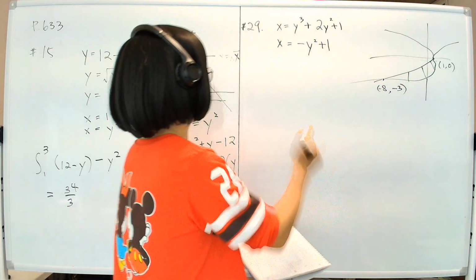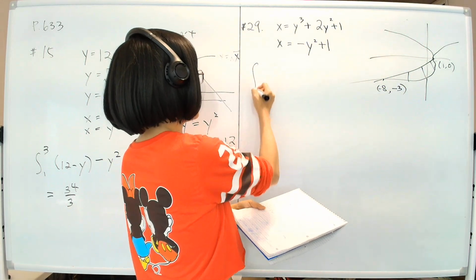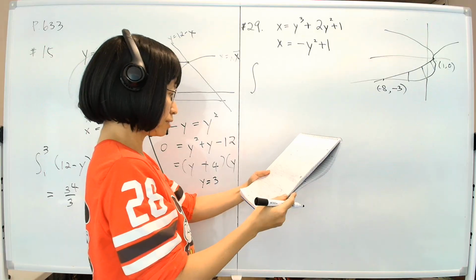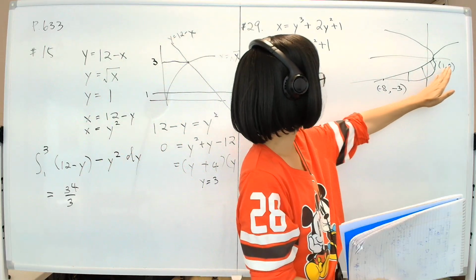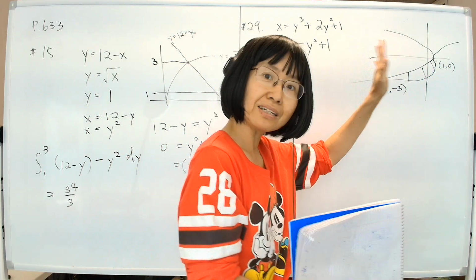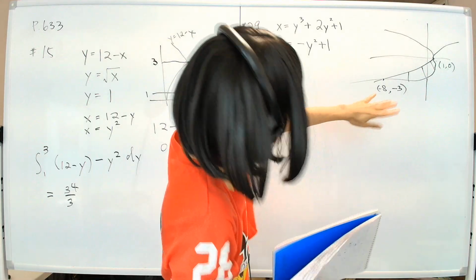So here's our integration. We're going to take the function that's on top. Now we're going to lean our head sideways and look at which one's on top.